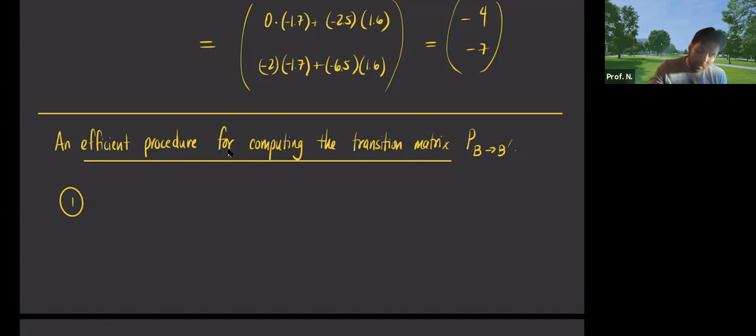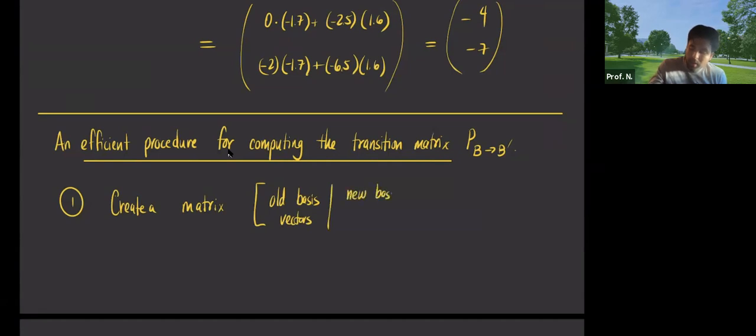So create a matrix where the left side is the old basis vectors, and the other side would be the new basis vectors.